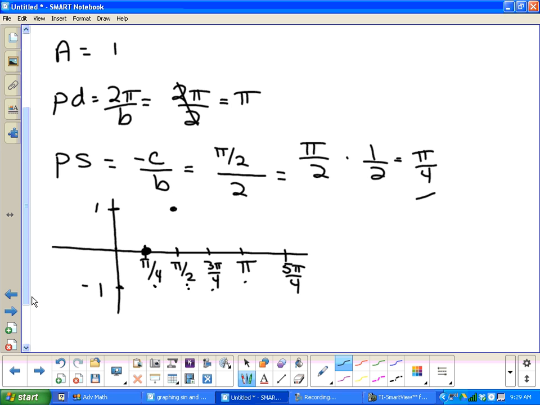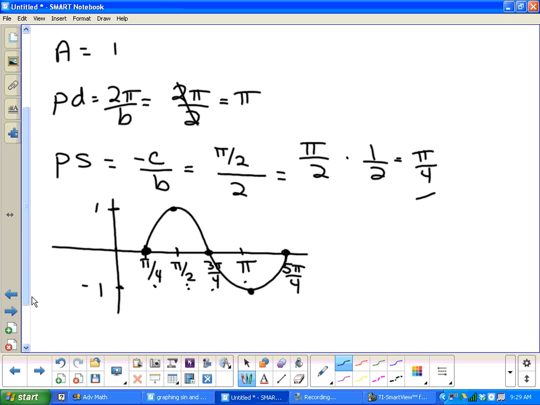And then at 3 pi over 4, it'll be at the x-axis. And then at pi, it'll be at -1. Now see, if I stop right there, I wouldn't get a full cycle, would I? The full cycle has to go back to where it starts. So that's why I needed to add that extra 1 right there. Now there's my graph.